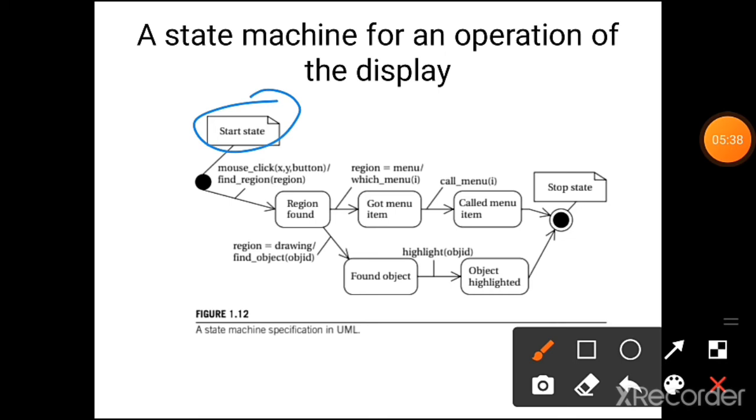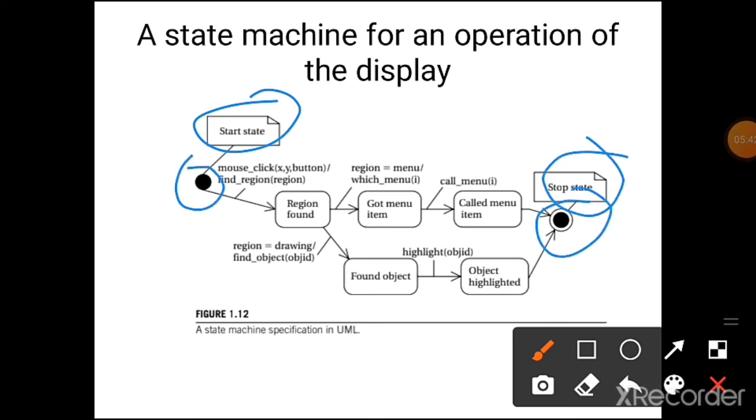This is the start state and this is the stop state. We know that in a finite state machine, there is a start and a stop. In between the start and stop, there are some states that help us organize the flow of the state machine. So the states in the state machine represent different conceptual operations.